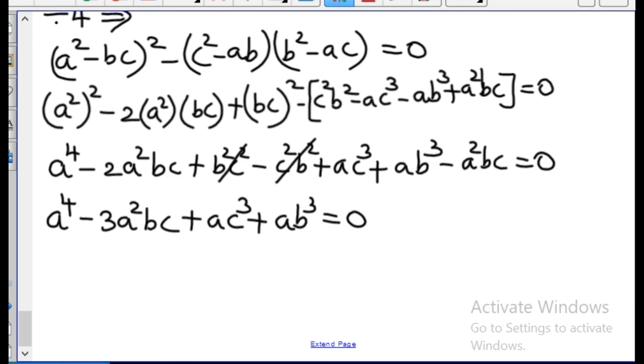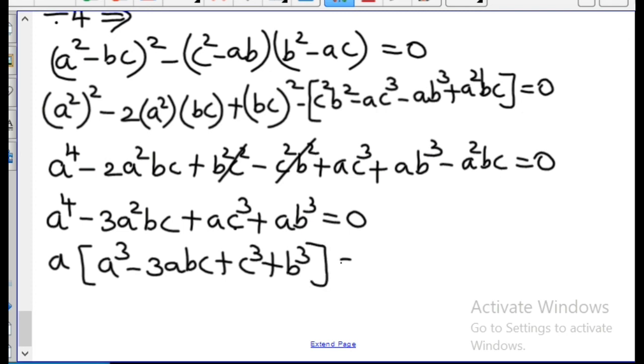Here we wrote a power 4, minus 2a squared bc, and the last term also minus a squared bc. So minus 2 minus 1 will become minus 3a squared bc, plus the next terms ac cube plus ab cube. In all the terms you have a outside, so the common term is a. Take a outside, the remaining terms will be a cube minus 3abc plus c cube plus b cube equal to 0.